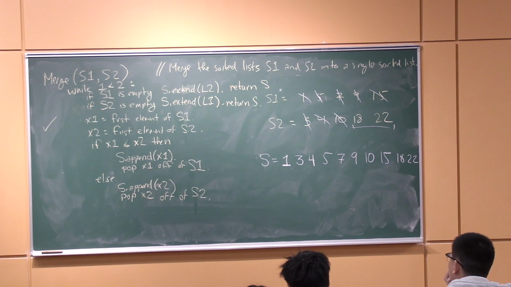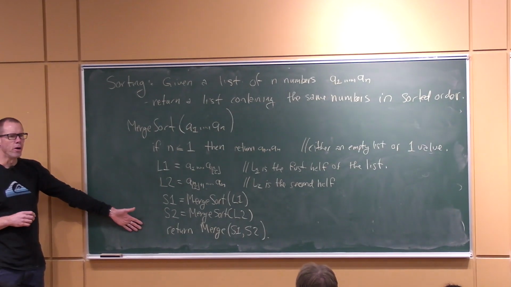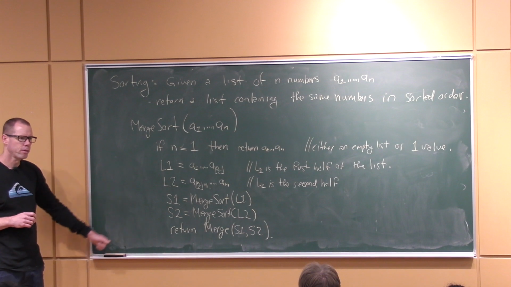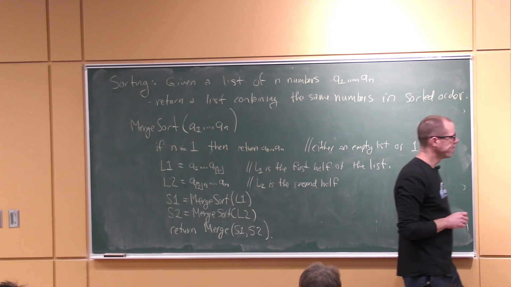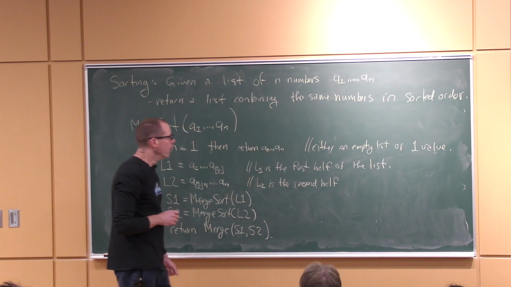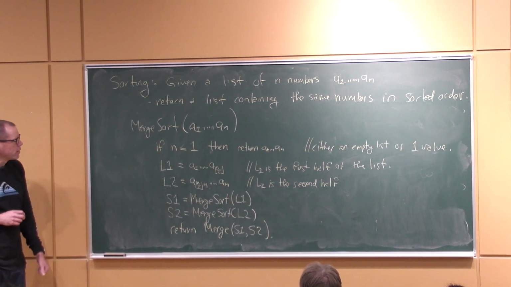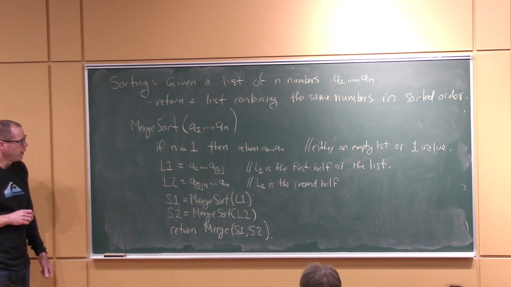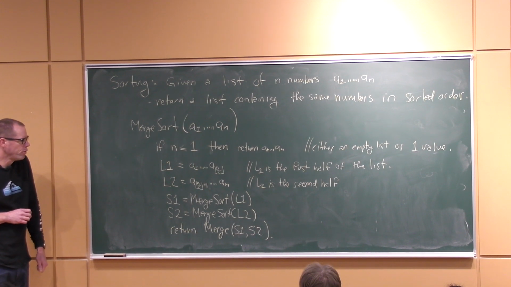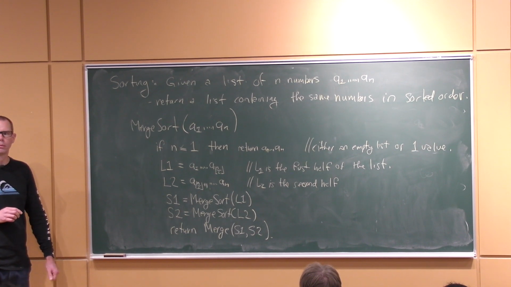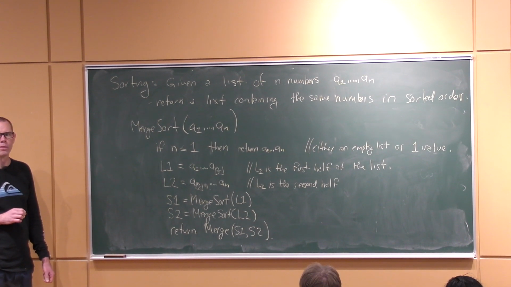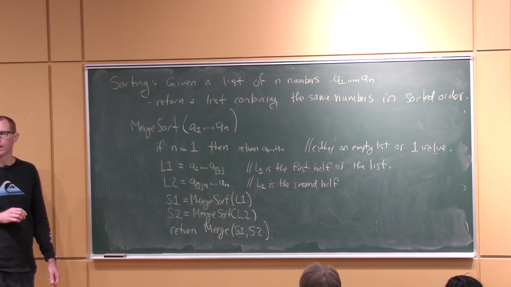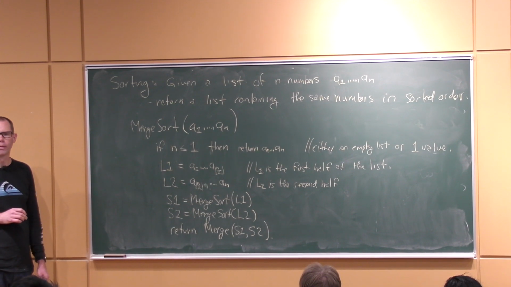Now we want to argue that MergeSort works correctly. So we'd like to, I don't know, prove that this algorithm works. How would you prove it? So it's a recursive algorithm. What seems like the natural way to prove it?